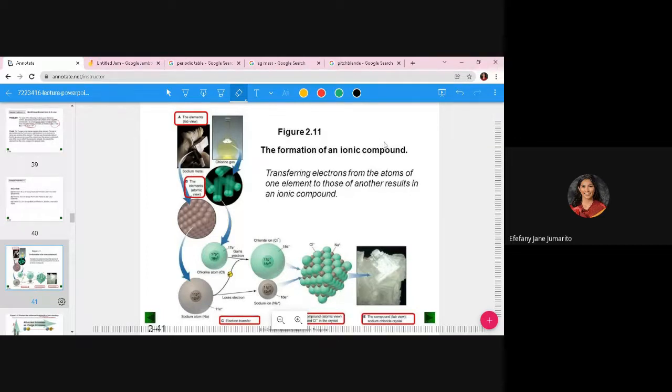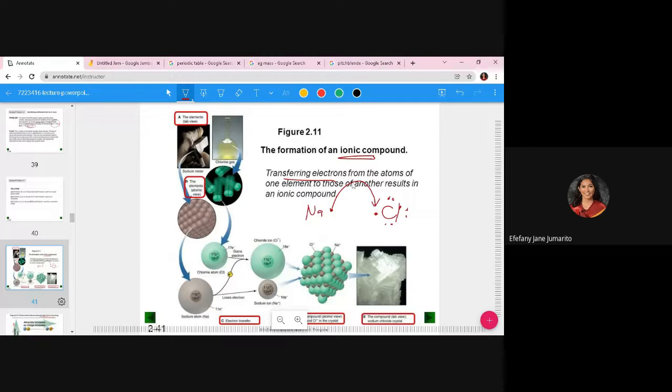Alright, we also have the formation of ionic compounds through transfer. When we say ionic, it involves transfer of electrons from one atom of one element to the other. Example, if we have Na and Cl. In order for Cl to become stable, it must bond to Na, and that will only happen by transferring the electrons of Na to Cl.